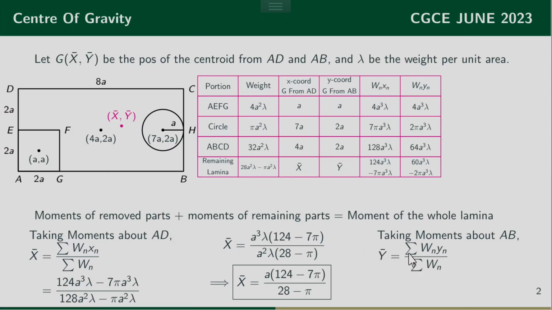So y bar will be the sum of the moment about AB divided by the sum of the weights. And this is where I will take my result. So I'll be having 60 a cubed lambda minus 2 pi a cubed lambda divided by the weight, 28 a squared lambda minus pi a squared lambda. I do likewise the previous by factoring a cubed lambda from the numerator and a squared lambda from the denominator.